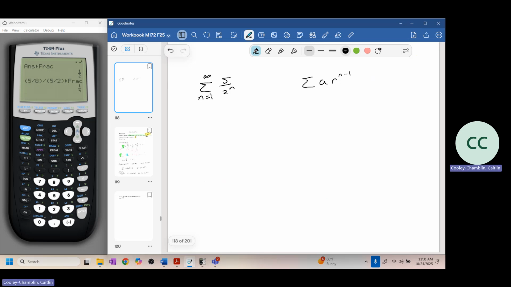And so if I rewrote this summation, we could do some basic algebra on it. With n equaling 1 to infinity, I can say this is 5 times 1/2 to the n.